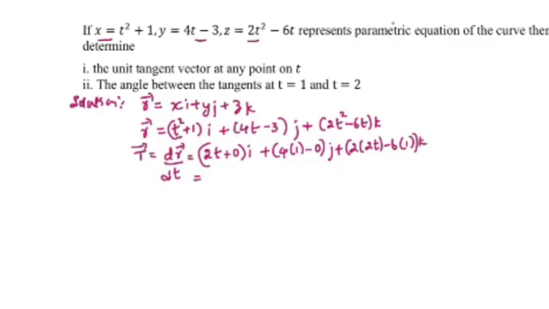So that will become 2t i plus 4j plus (4t minus 6)k. So this is our tangent T.